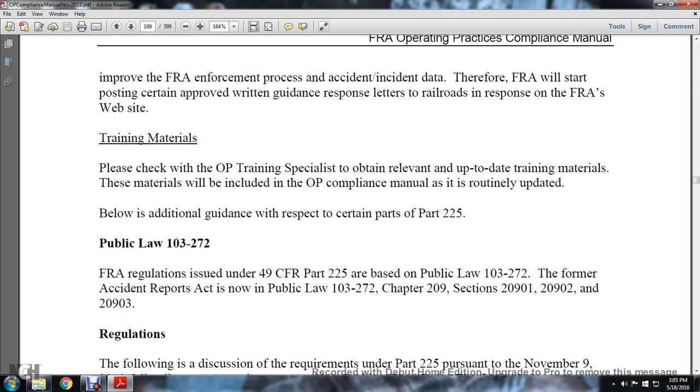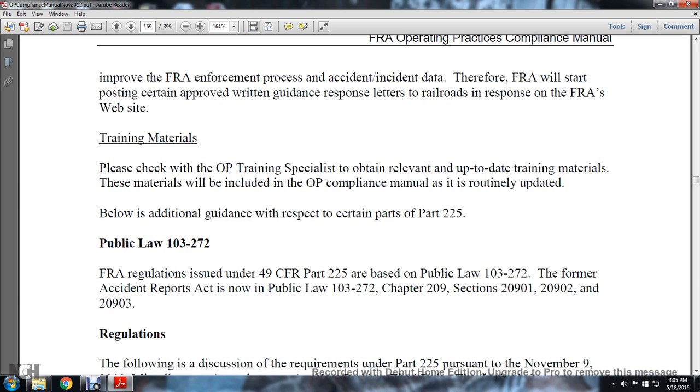Technical training materials. Please check with the operating practice training specialist to obtain the relevant updates in the training materials. These materials will include the operating practice compliance manual as it is routinely updated. Below is additional guidance with respect to certain parts of 225. Public Law 103-272 federal regulations issued. The FRA regulations issued in Title 49 CFR Part 225 are based on Public Law 103-272.